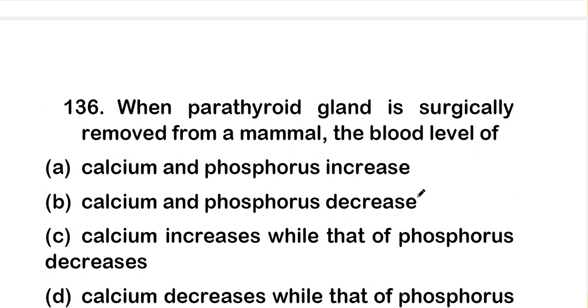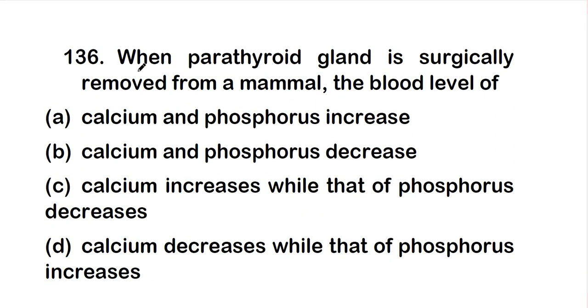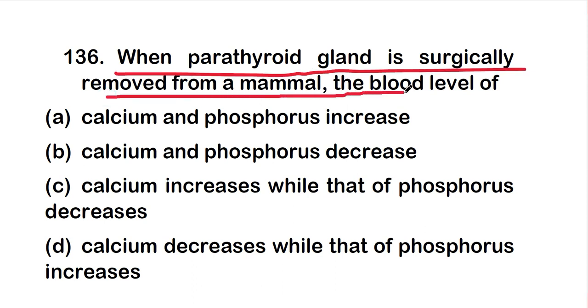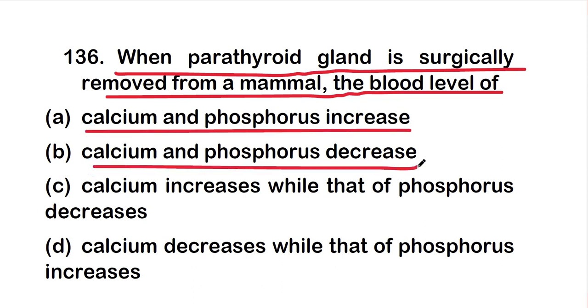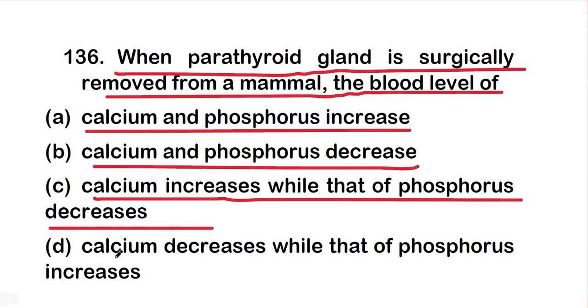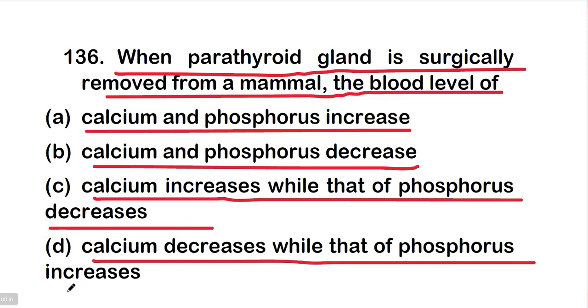Next question. When the parathyroid gland is surgically removed from a mammal, the blood level of: option A, calcium and phosphorus increases; option B, calcium and phosphorus decreases; option C, calcium increases while that of phosphorus decreases; or option D, calcium decreases while that of phosphorus increases.